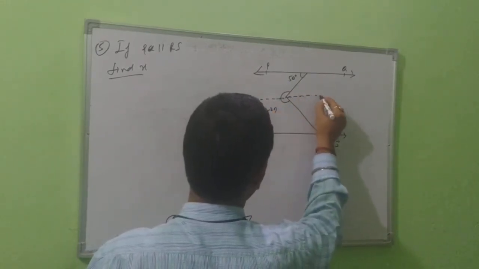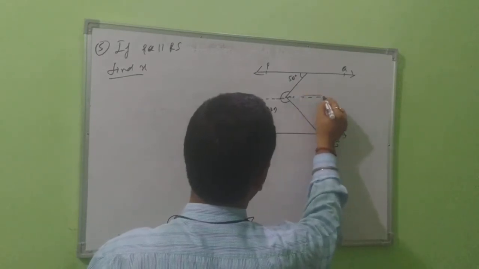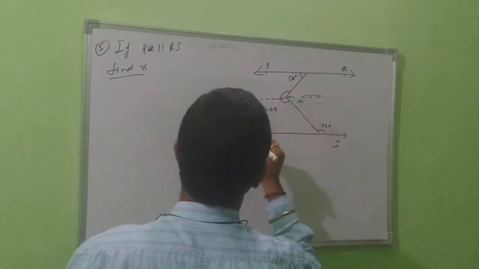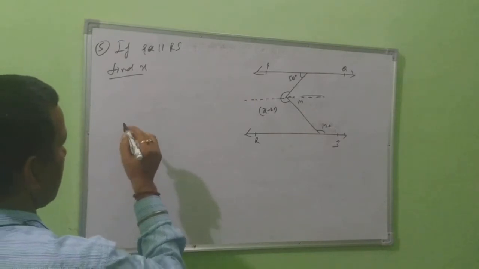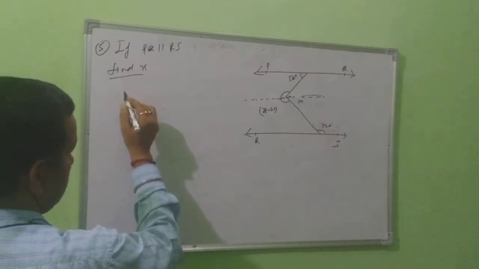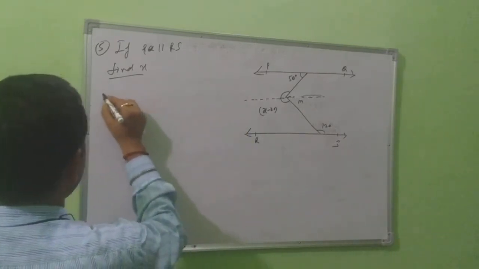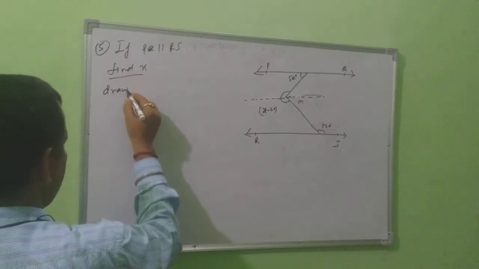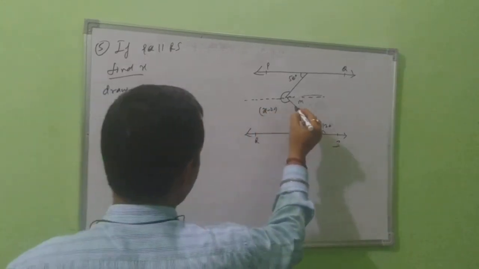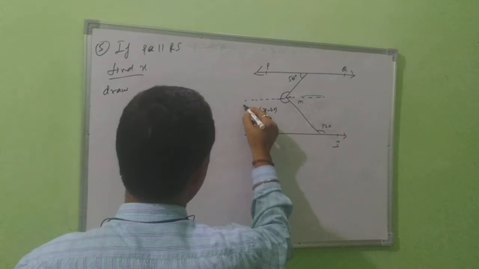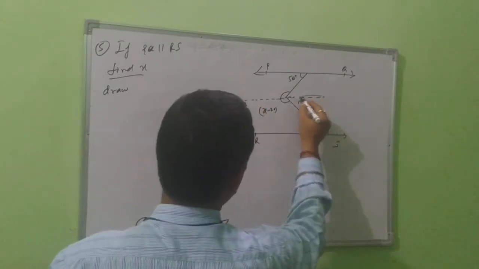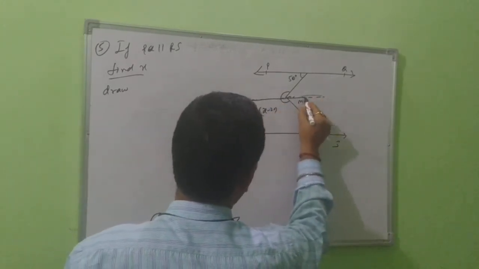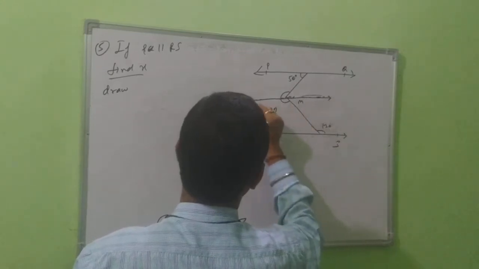Now draw. Suppose we name this line AB, this is the AB line.